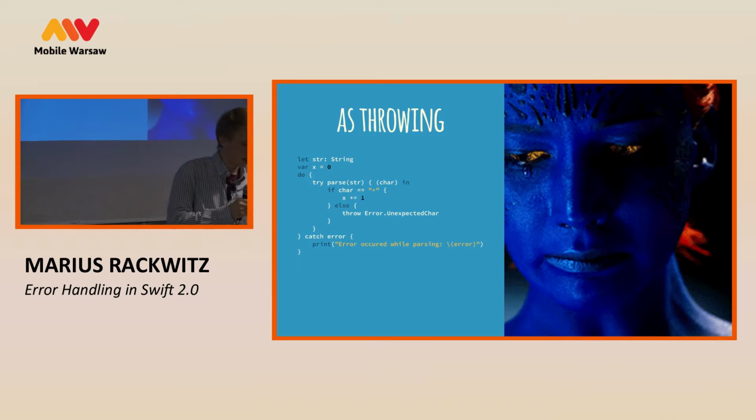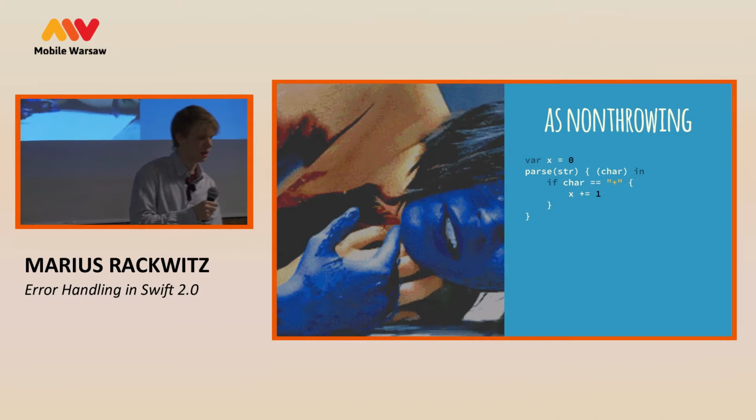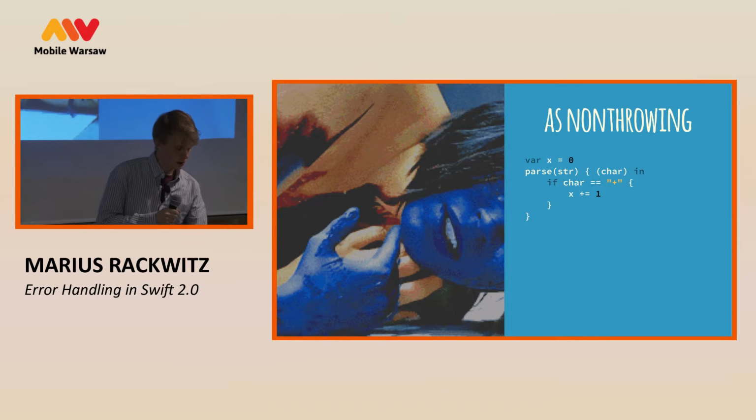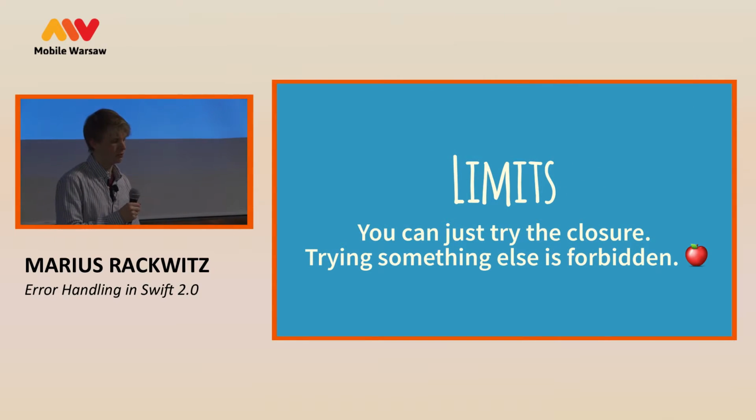But the exact same method defined as rethrowing can be used with a different closure as non-throwing. So if we don't have an error, then we can use it without any error handling around it. No error handling code around is needed because the compiler can use it in both variants. But there are limits to that.